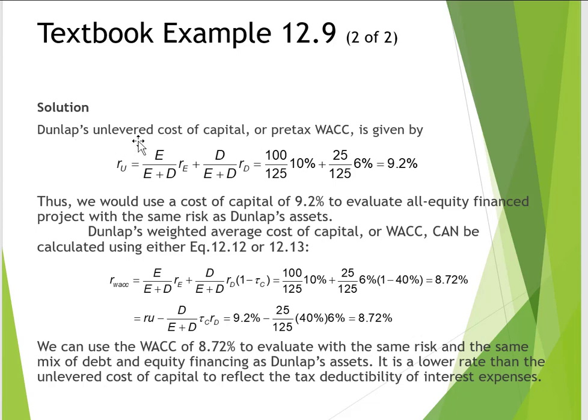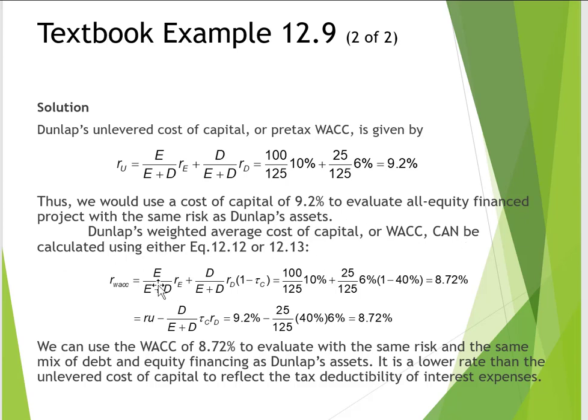So again, if we plug this in and multiply out, the unlevered cost is 9.2%. Notice there's no adjustment for taxes in this unlevered cost of capital, or what they refer to as the pre-tax weighted average cost of capital. But we could use that to evaluate an all-equity financed project with the same risk.